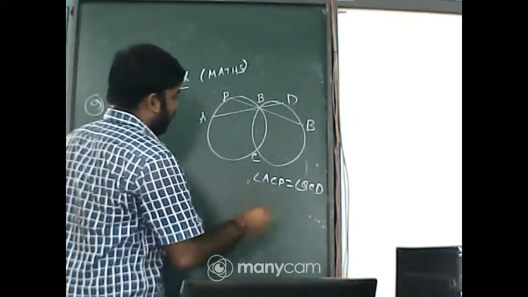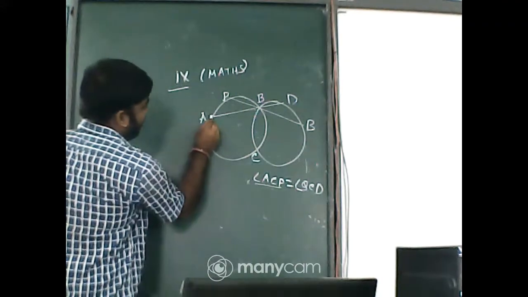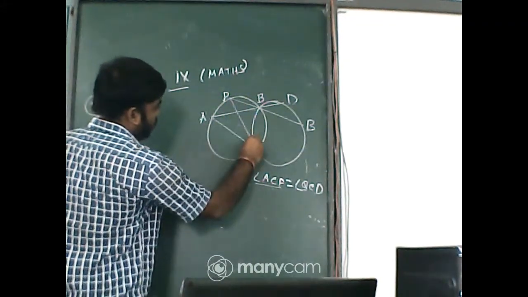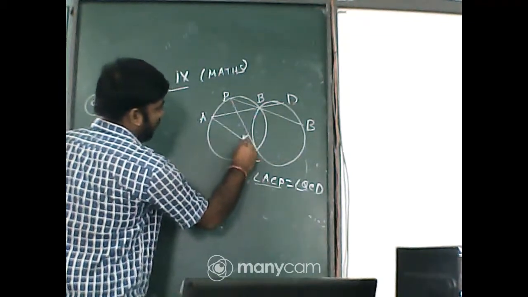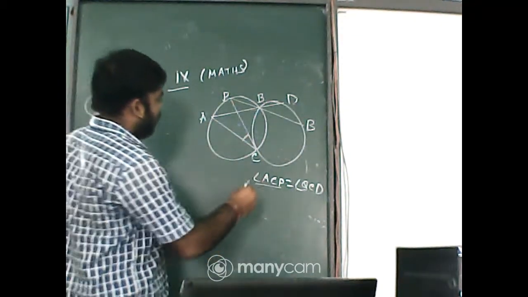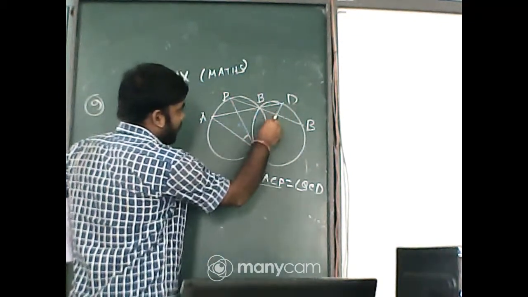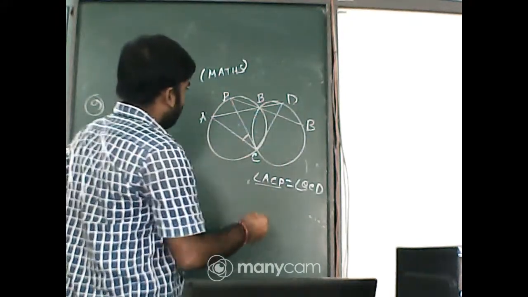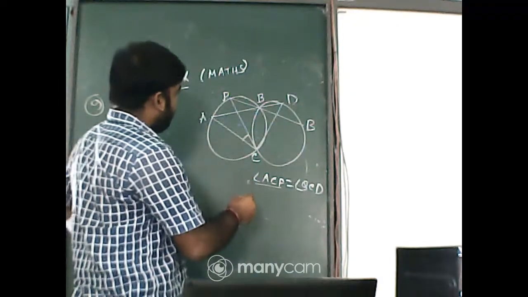Now for getting ACP you have to join that angle ACP, this side also, that is ACP and QCD. Join CQ and PBQ.